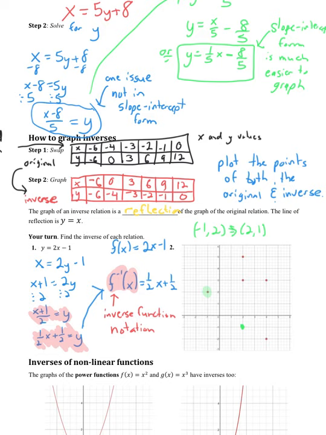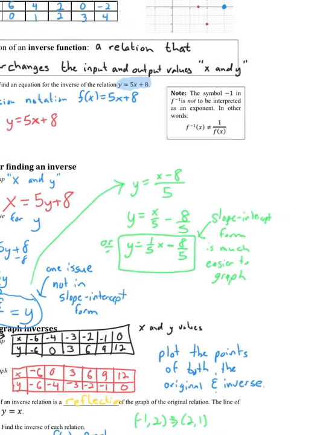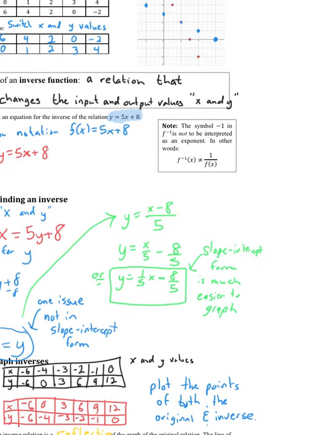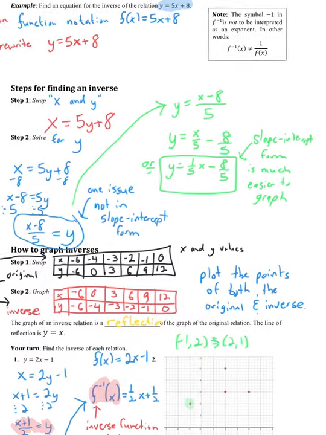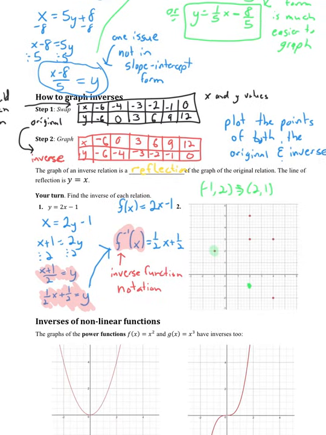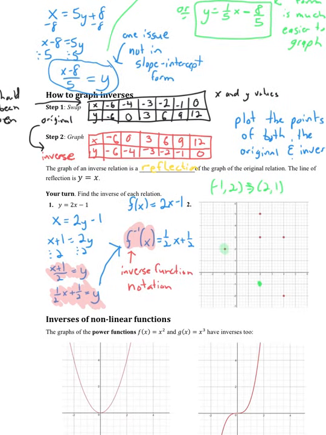That's why there are 2 different ways to write the f of x. I had a little note up here too that says the symbol -1 in f inverse is not to be interpreted as an exponent. It's just a symbol showing that this is the inverse.